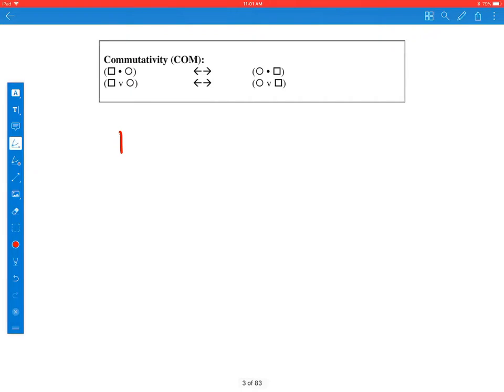Commutativity. Okay, so let's make this really simple, P and Q. And you might recall when we were doing rules of inference, we had the rule of inference simplification, and so if we had P and Q, we were allowed to say P by simplification, but we were not, technically speaking, allowed to say Q, even though it's valid.